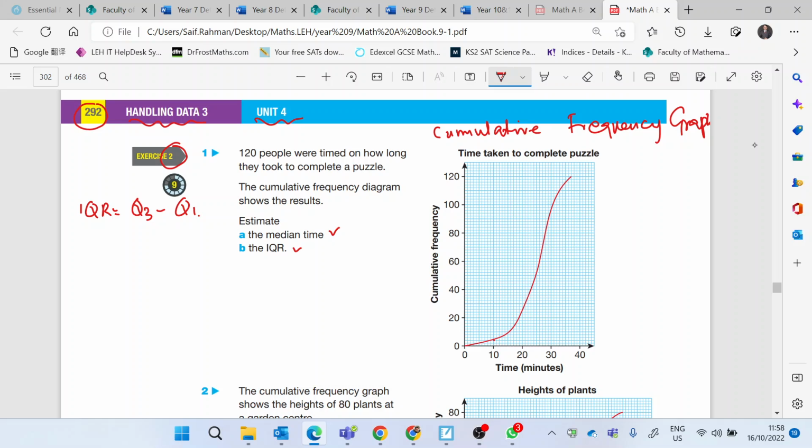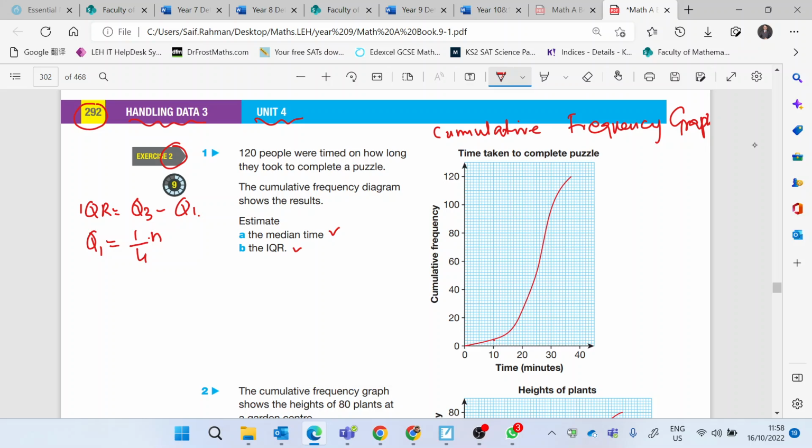We do not need to do n plus 1. For Q1, what we can do is 1 by 4 times n. We do not need to do n plus 1 when the data points are huge, and n is the number of observations.